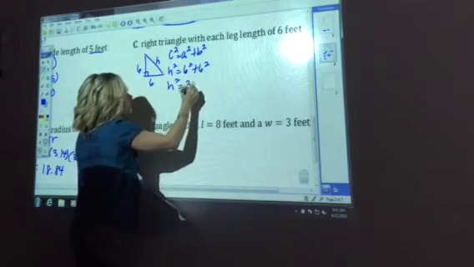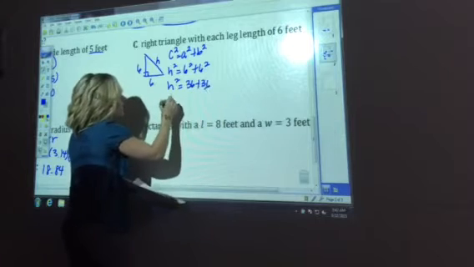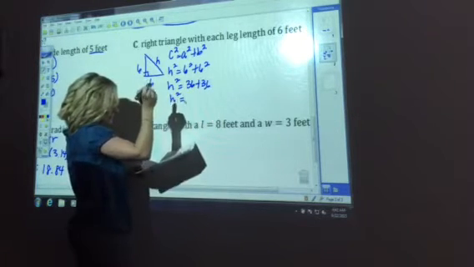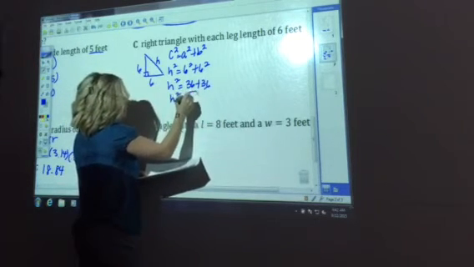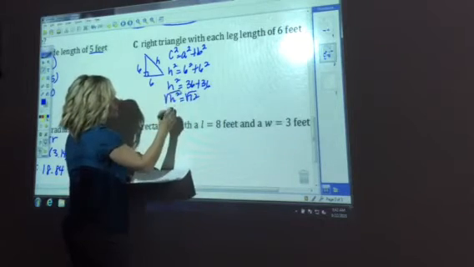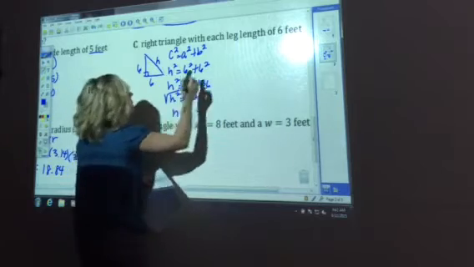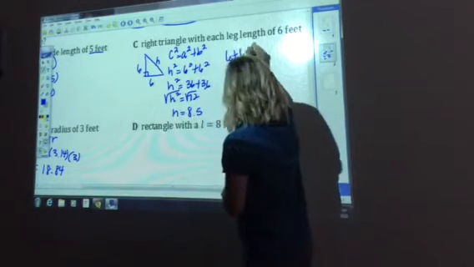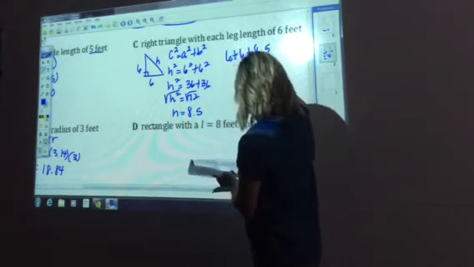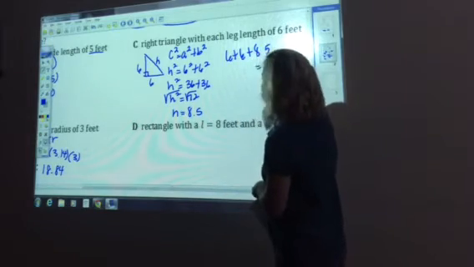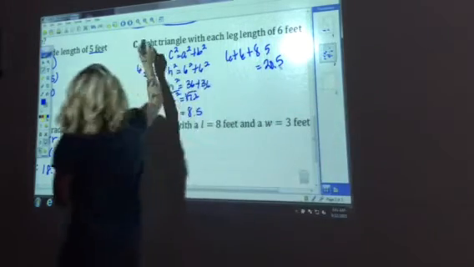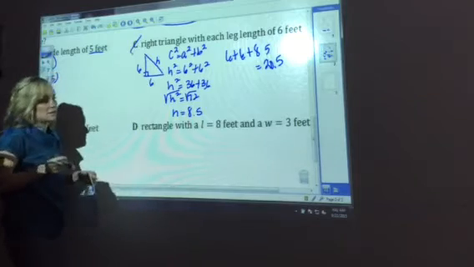H squared equals 36 plus 36, so h squared is 72. You take the square root of it, so h would give us 8.5. When I add up 6 plus 6 plus 8.5, that's going to give us 20.5. Again, we only have 19, so C could not be our answer.